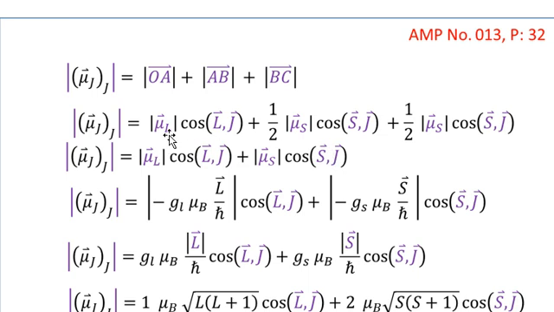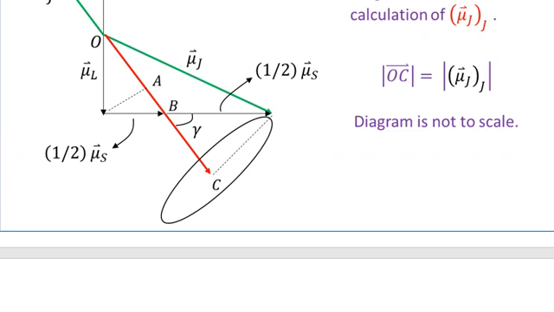That is the magnitude of mu L multiplied by the cos of the angle between L and J, and then half of the magnitude of mu S multiplied by the cos of the angle between S and J. And for the third triangle, I have half multiplied by the magnitude of mu S multiplied by the cos of the angle between S and mu J. So you see that I have respectively used three right angle triangles. This is the first triangle.